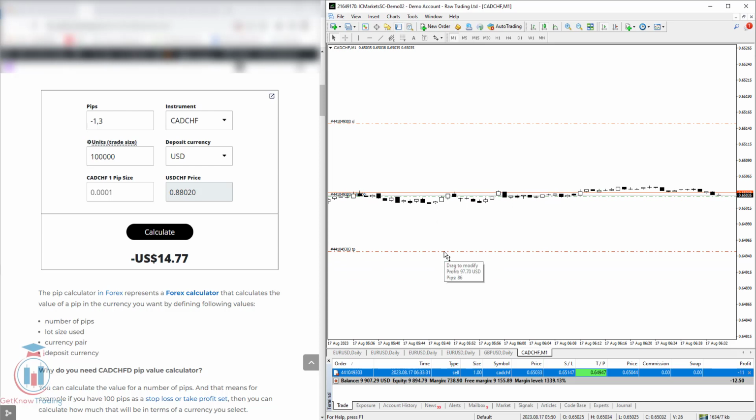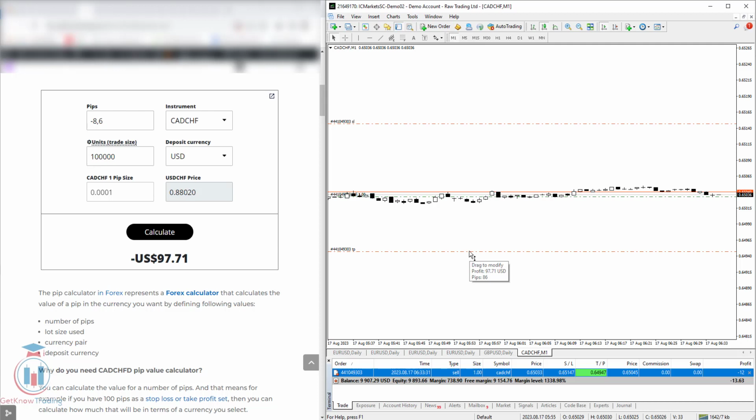Let's put our mouse here and you will see that it says a profit of $97.70 with 8.6 pips. Then if you go here and put 8.6 and click calculate, you get the same profit, the same value.